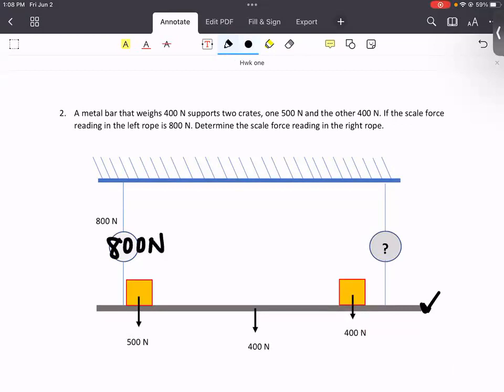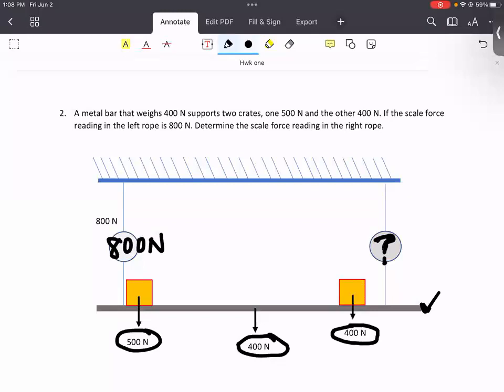We don't know how much force is right here, but we have a box weighing 500 newtons, another crate weighing 400 newtons acting downwards. That's the weight, and the metal bar itself weighs 400 newtons here. So the question for us is, what should be the tension force in this rope?